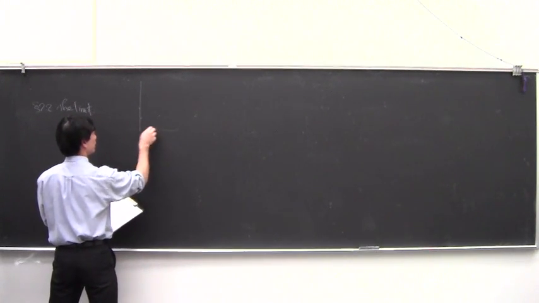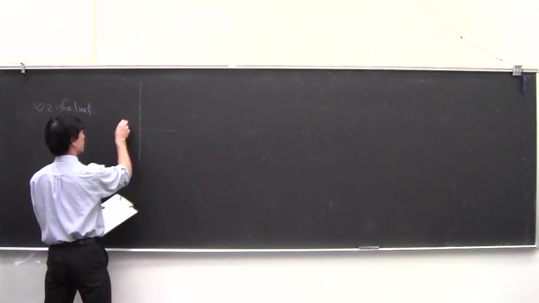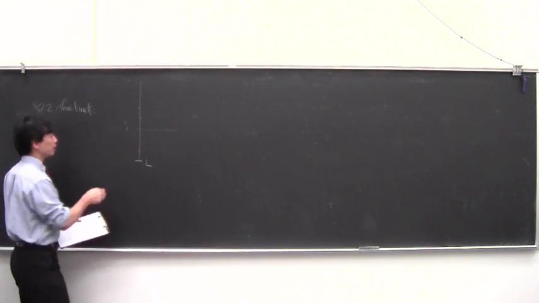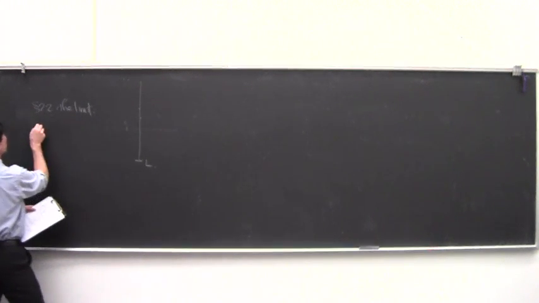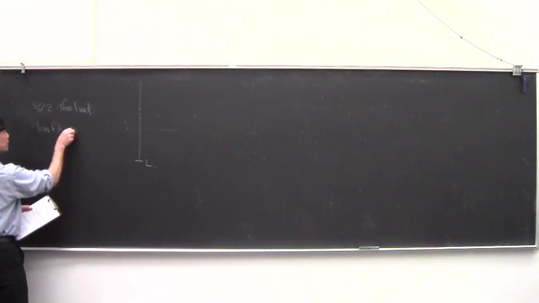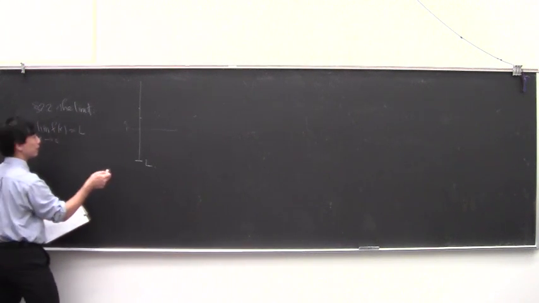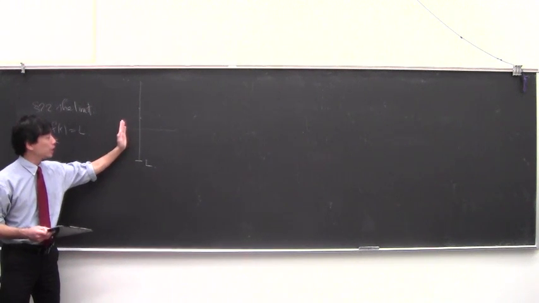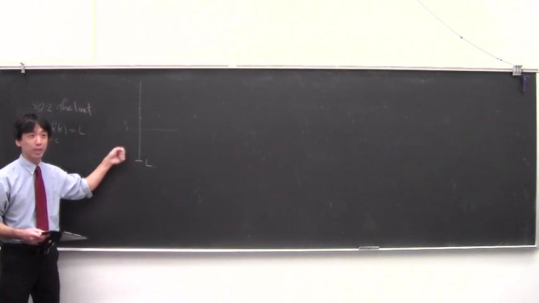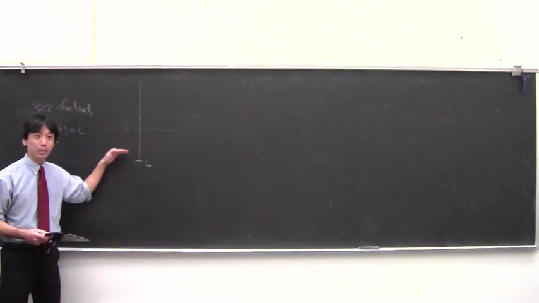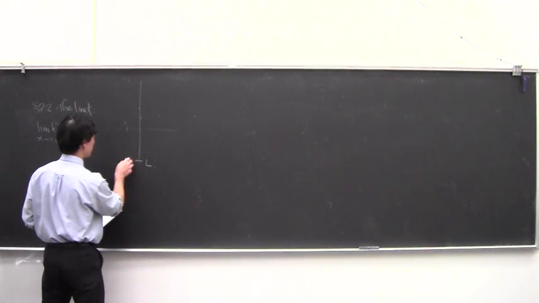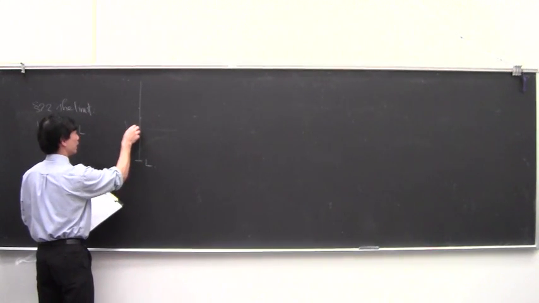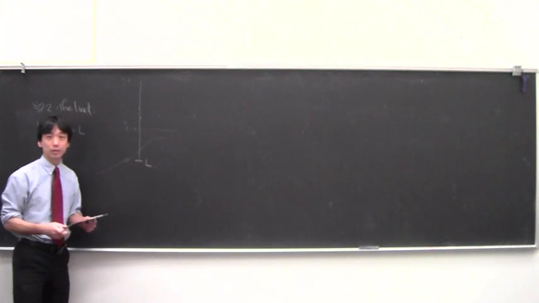Here's some point C, and here's some value L. When we say the limit of f of x is L as x approaches C, the intuitive idea is that as your inputs get closer to C, your outputs get closer to L. And so the graph is going to look something like this. As you evaluate closer and closer to C, the outputs get closer and closer to L.